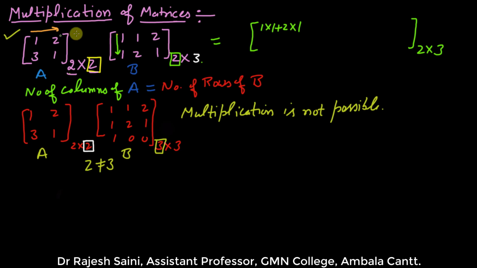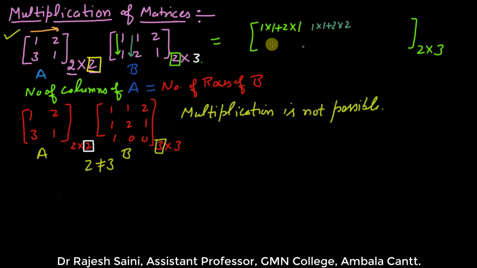So the first row is multiplied with the second column. So 1 into 1, plus 2 into 2.